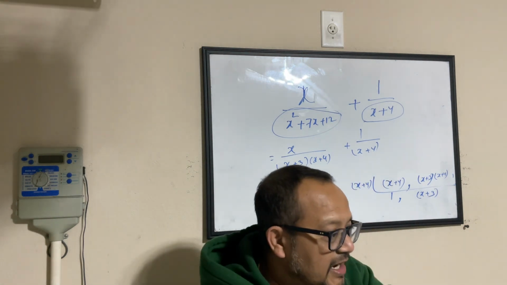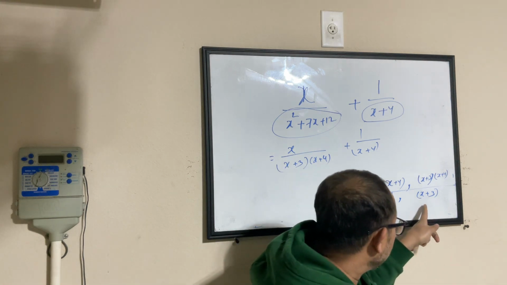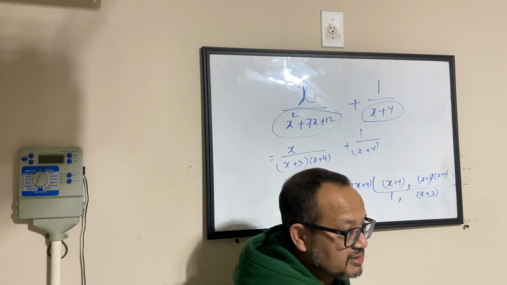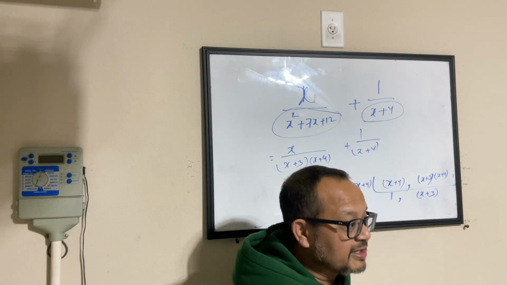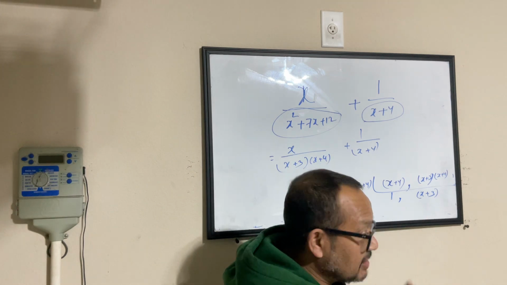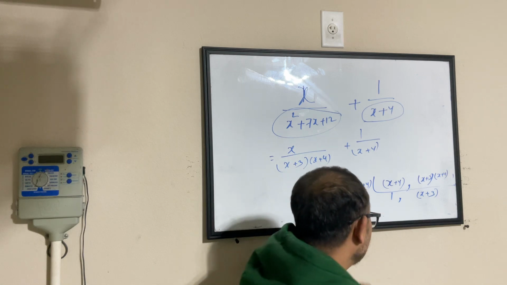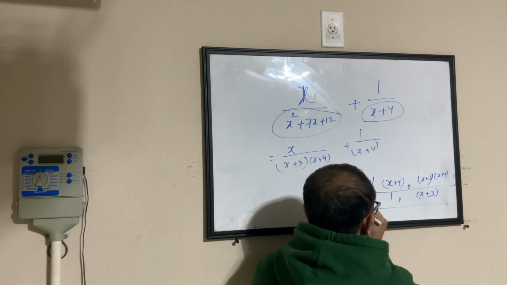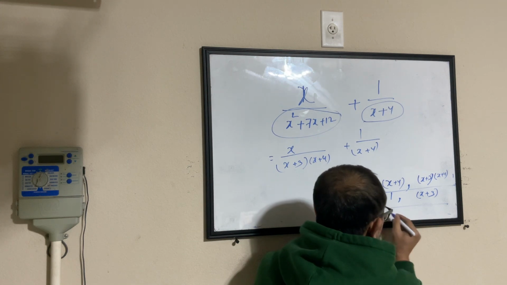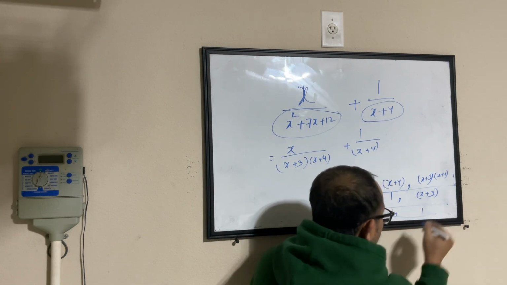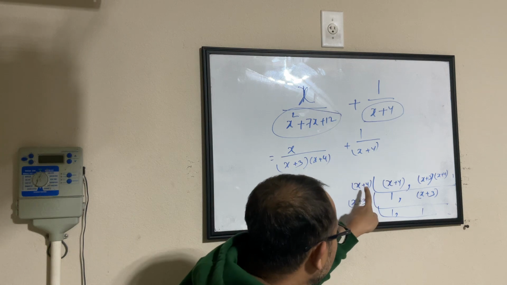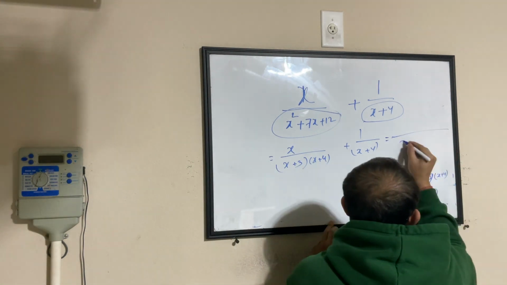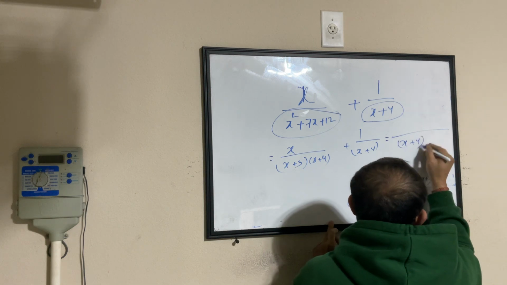And remember this, I am being so dumb here, I am keeping things in brackets so that I don't mess up. If I don't, I myself might get confused. So bracket becomes a good savior actually. Now here one is, not to worry, I'll take the next one, x plus 3. This becomes 1, this becomes 1. I'm done. So my LCM is x plus 4 times x plus 3.